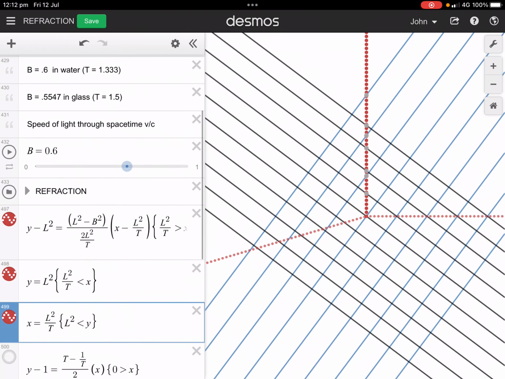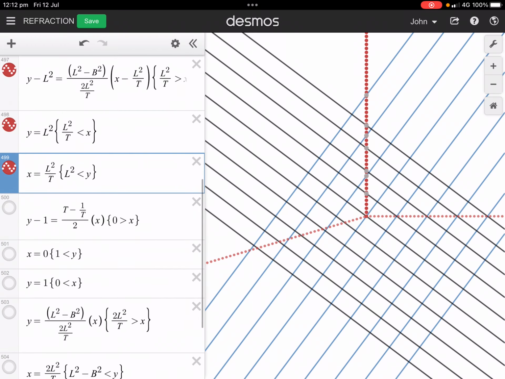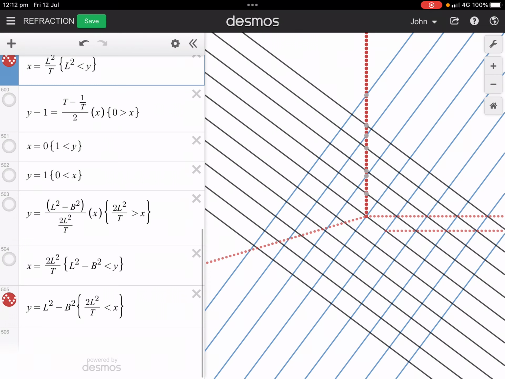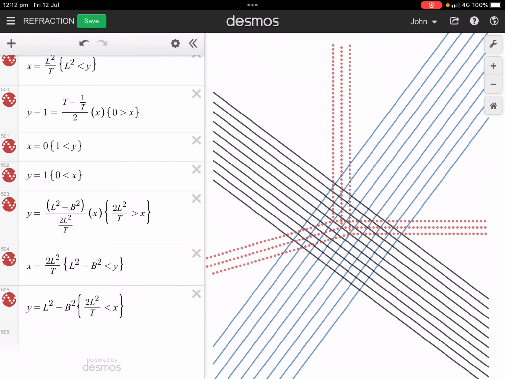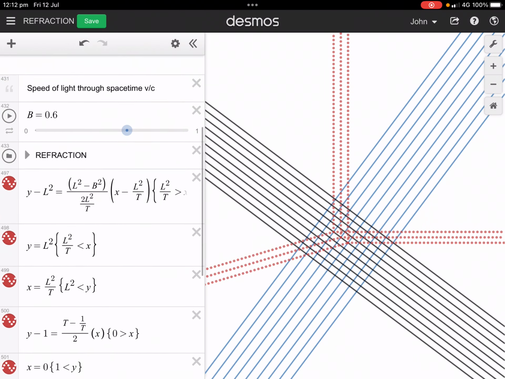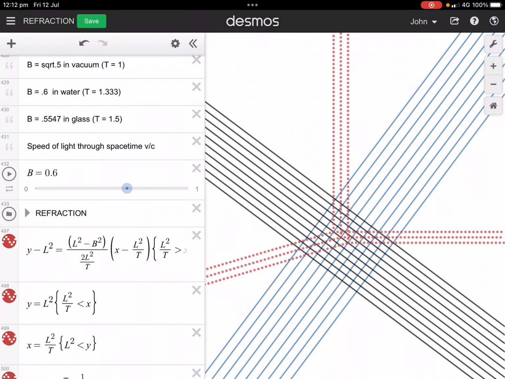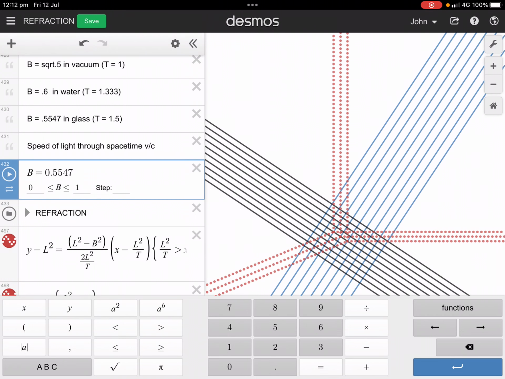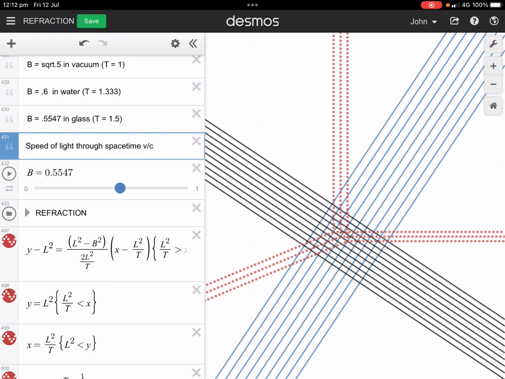Okay. Now there might be other rays coming in, like that. And let's say the material is glass. You can see how it changes.